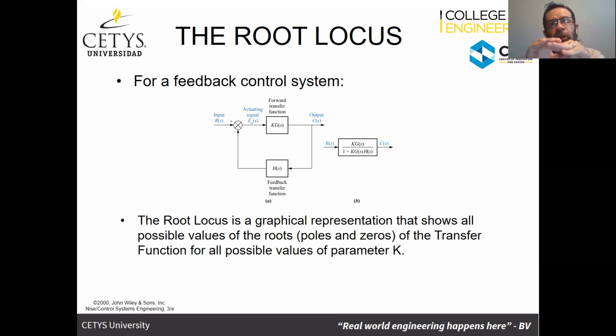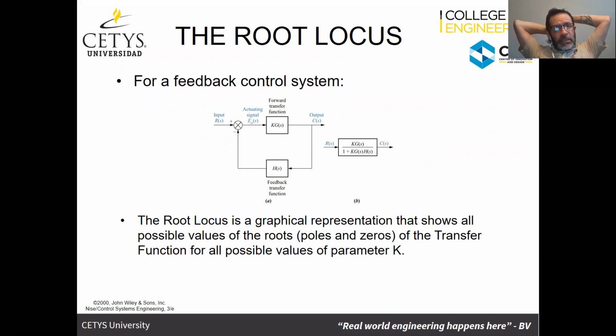If all of the roots are along the real axis, then that has to do with systems that are overdamped, that don't have an overshoot, for example. And so again, the location of the poles of the system tells us how the system behaves.